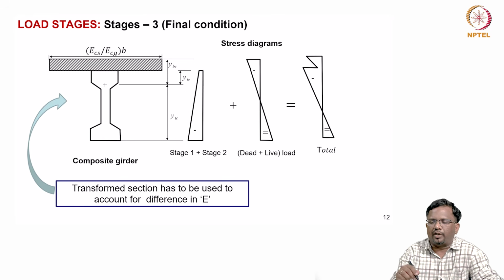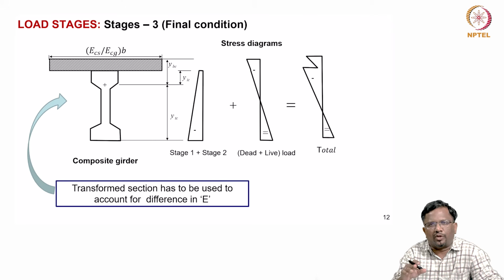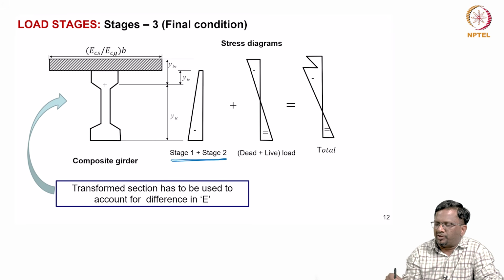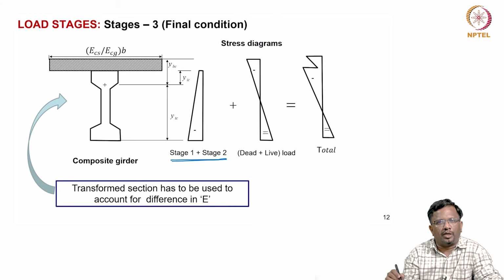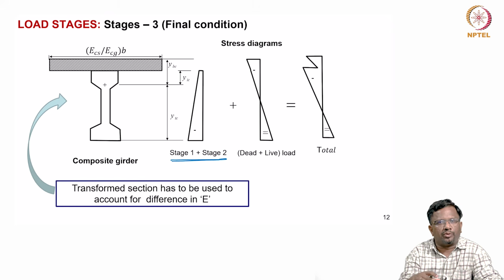Now, what is the final condition, stage 3, while it is in service? This is stage 1 plus stage 2 that we talked about, including the weight of the cast in place concrete stress. Typically, we make sure that the precast web is going to be entirely in compression.